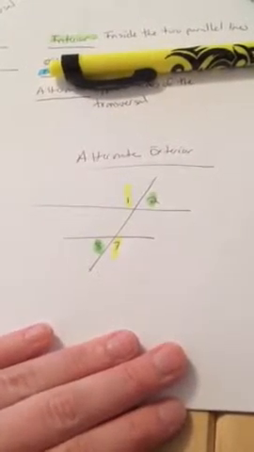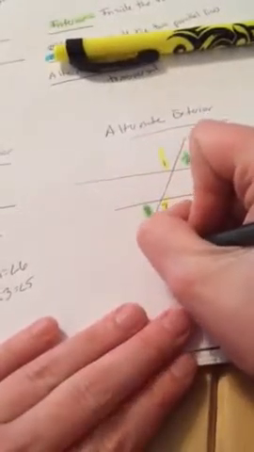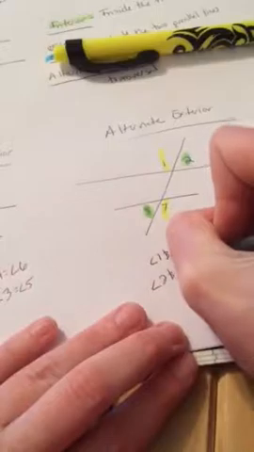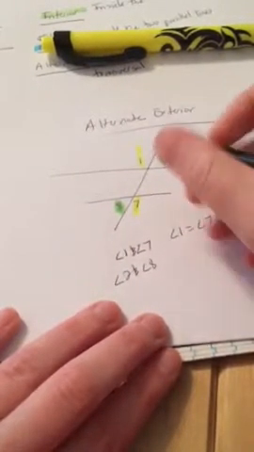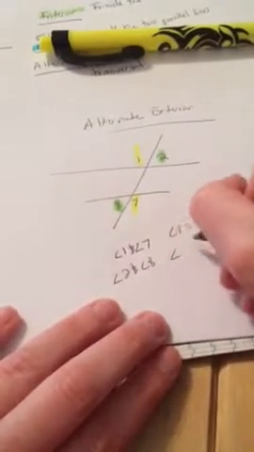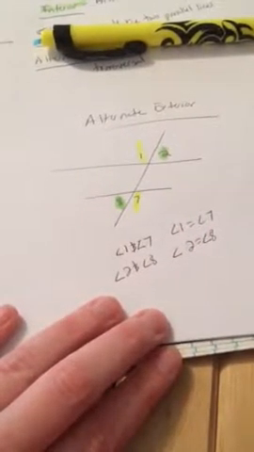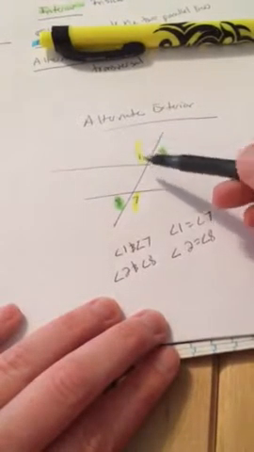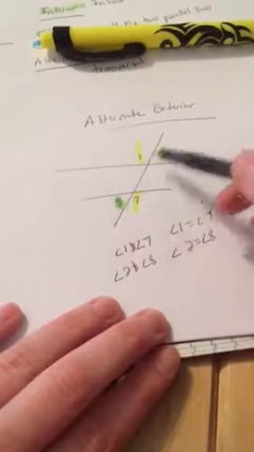Now these also equal each other. So angle 1 equals angle 7, and you can kind of see they look about the same. Obviously my human drawing is not perfect, but you get the drift. So alternate exterior angles are not touching, they're on opposite sides of the transversal, and they're exterior angles.